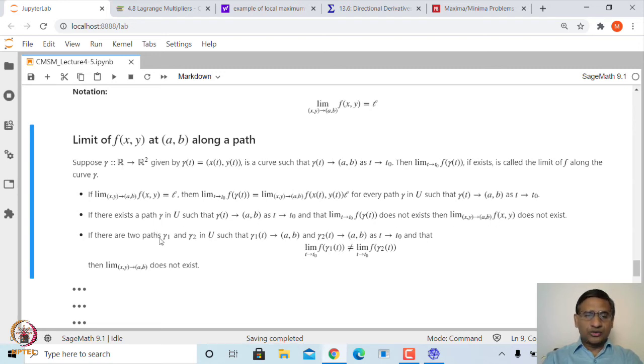Or you can find two curves gamma 1 and gamma 2 both converging to (a,b), such that the limit of f along gamma 1 and the limit of f along gamma 2 exist but are different, then also the limit of the function does not exist.